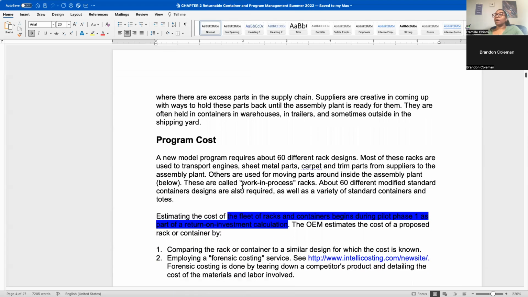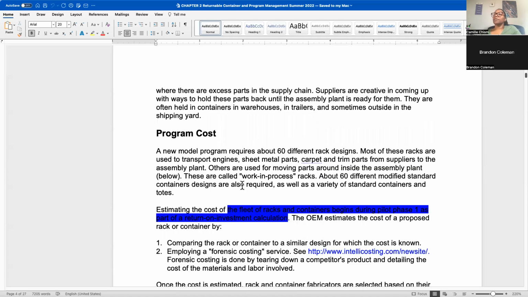Okay, so program cost. So these are some things I'm going to go into and give you some more examples later. But when we talk about the program cost, we have a new program for a vehicle, and you might have 60 different rack designs.